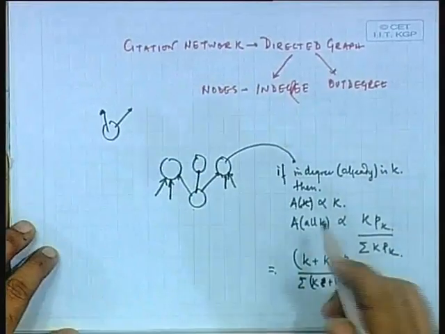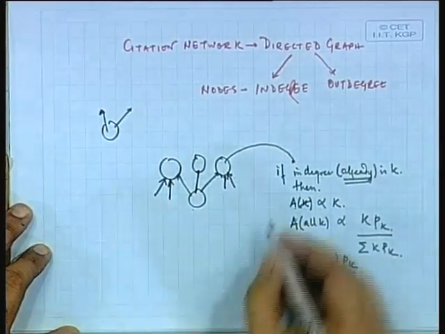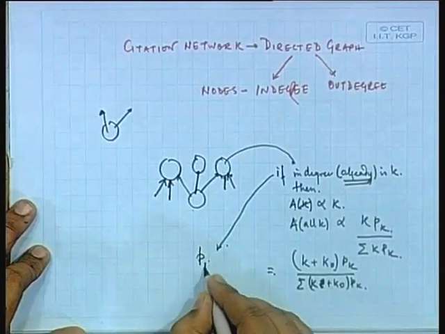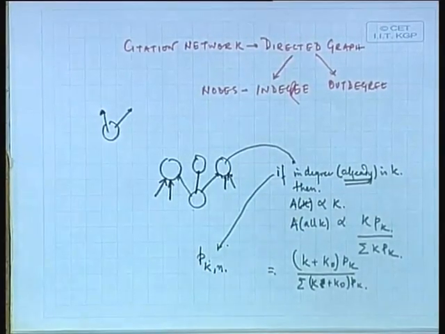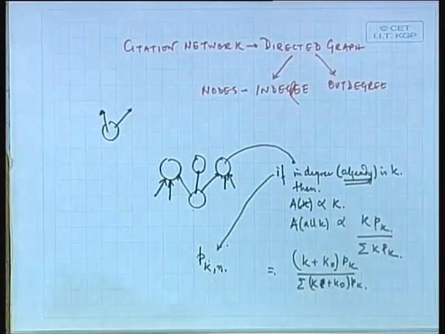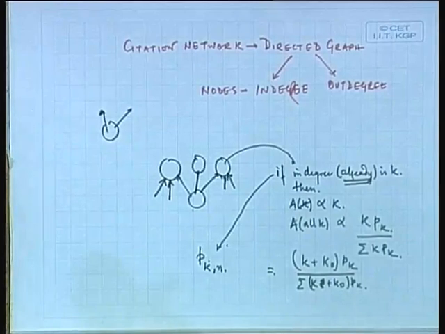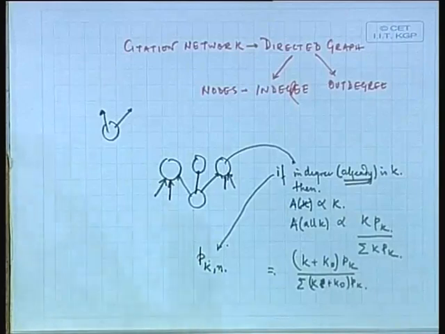So now let us see this again. If in degree already, what does that mean? It is p k comma n, the probability that a node is of degree k at time n. What am I trying to find? What is my observation?